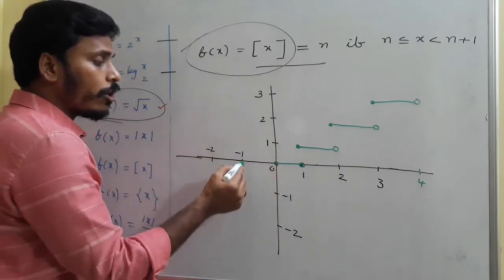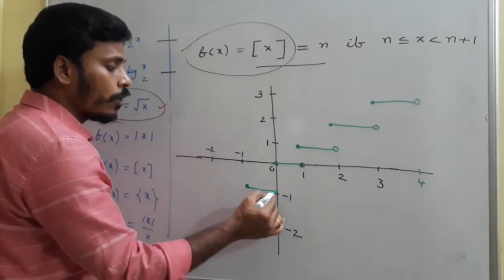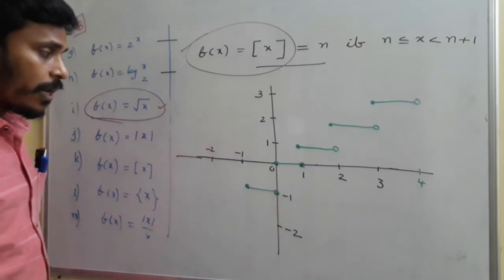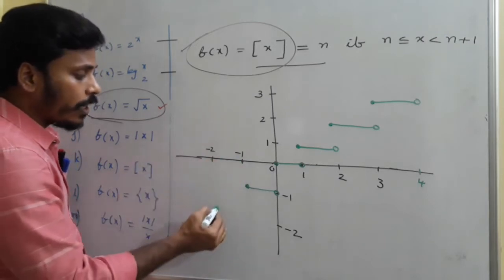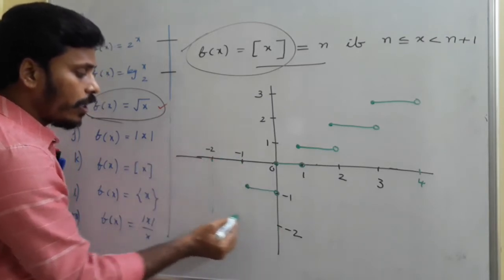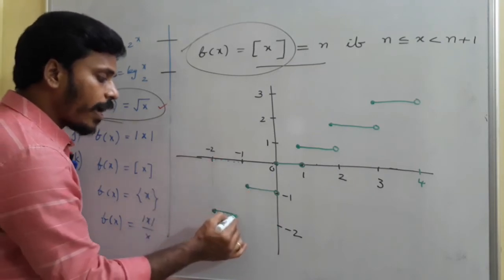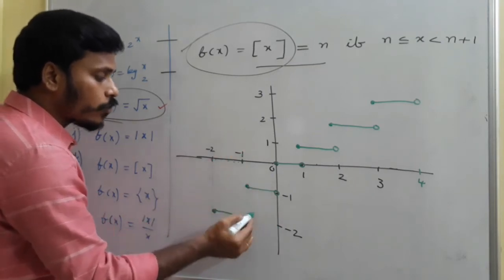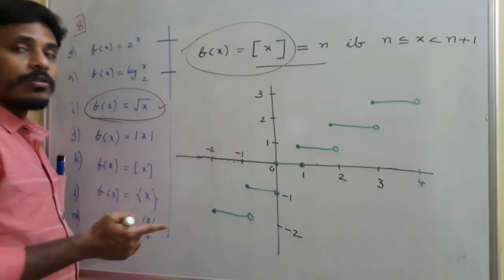For the numbers which are in between minus 1 and 0, your answer is minus 1. So the graph will be like this. For the numbers which are in between minus 2 and minus 1, your step value is minus 2. For minus 2, it is minus 2. But at minus 1, it jumps to minus 1. So open circle. See, just look at the graph.